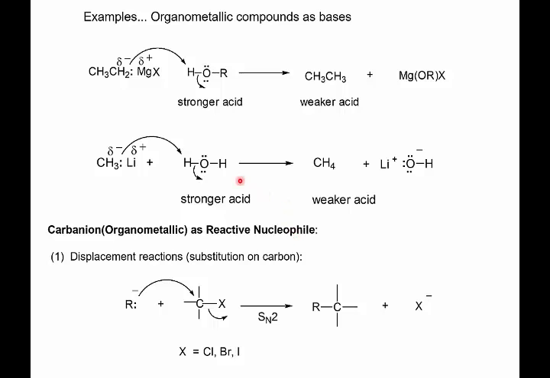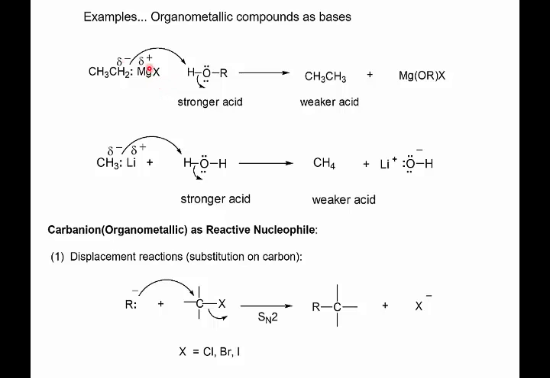Let's take a look. These two reactions here are instances of a reaction of an organometallic, here this organomagnesium, here the organolithium. The reaction of each of these with a species that is known to be an acid, but a very weak acid.